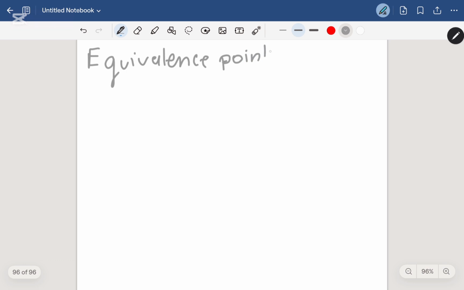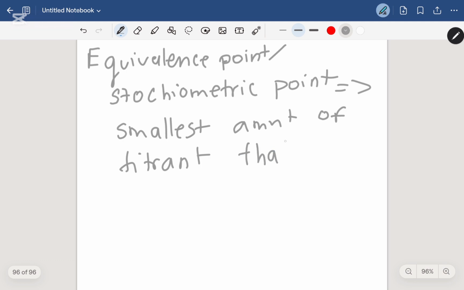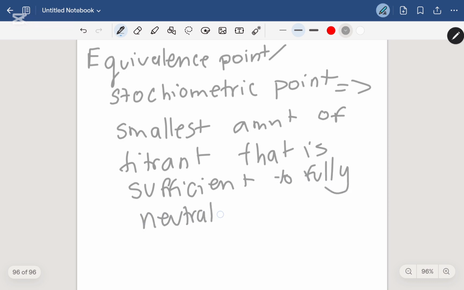It basically means the smallest amount of titrant, meaning the liquid used in the titration, that is sufficient to fully neutralize or react with the analyte.